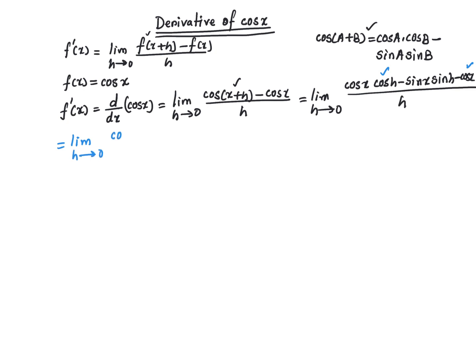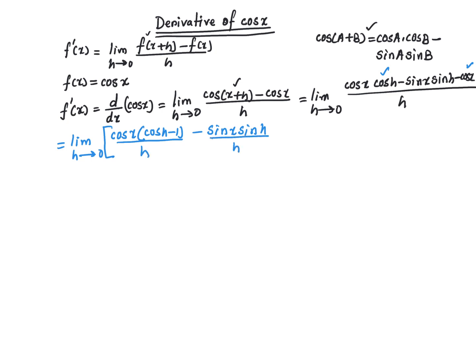Is equal to the limit as h approaches 0. If I factor out cosine of x, I'm going to be left with cosine of h minus 1, then minus sine of x times sine of h, all of it divided by h. I'm going to just break it into two pieces, so put a square bracket here.